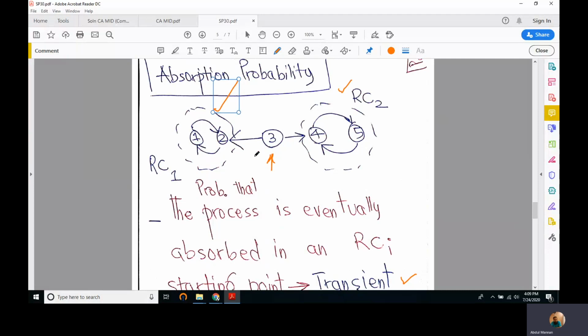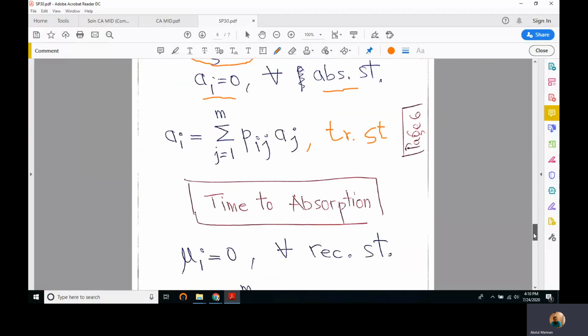Given many recurrent classes and many transient states, starting from a given transient state, it can be absorbed in any recurrent class, but the thing that is given is the starting transient state.